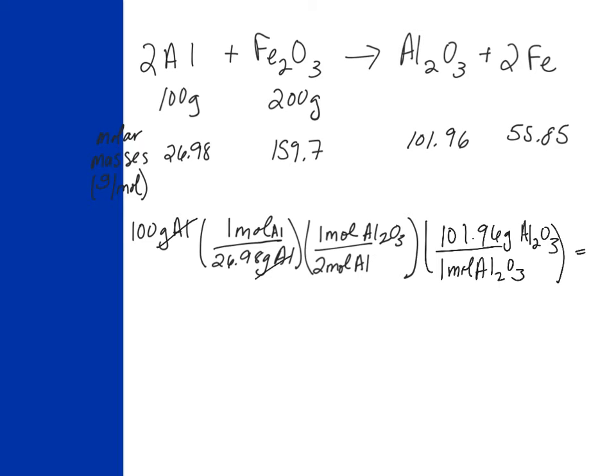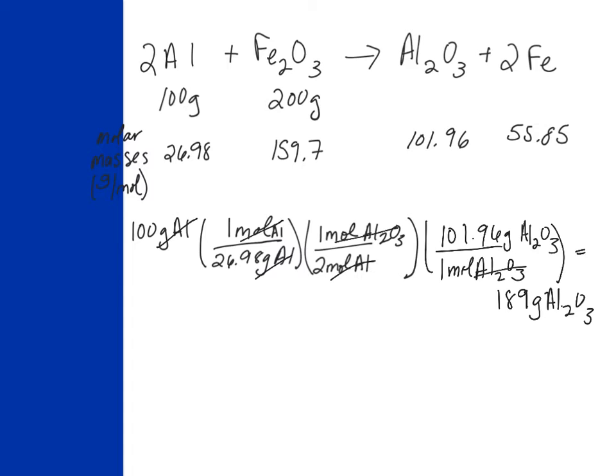That's going to cancel with grams of aluminum on bottom. Moles of aluminum cancels with moles of aluminum. Moles of aluminum oxide cancel with moles of aluminum oxide, leaving us with grams of aluminum oxide. And if we work out the calculation, we get 189 grams of aluminum oxide.